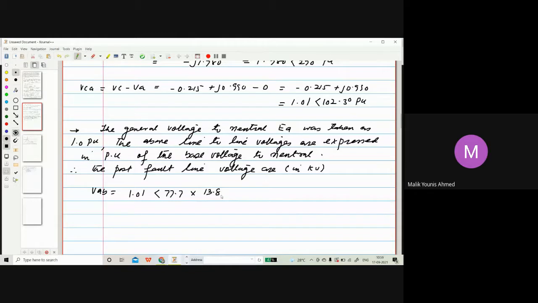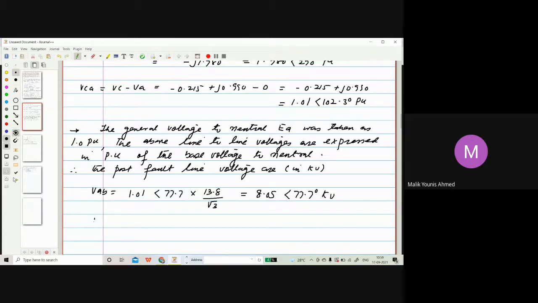But please make sure this base value is a line value, so we have to convert it by dividing by under root 3. So that value will be 8.05 at an angle of 77.7 degrees kilovolts.